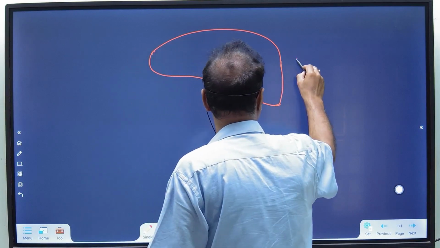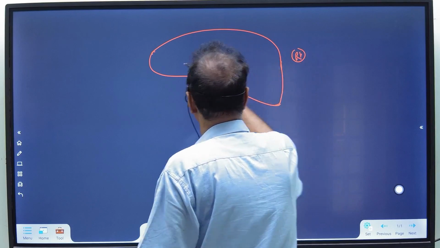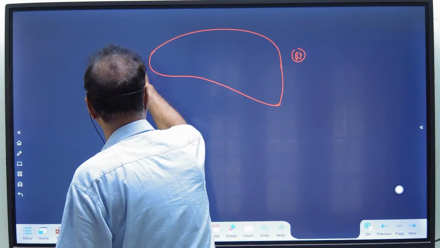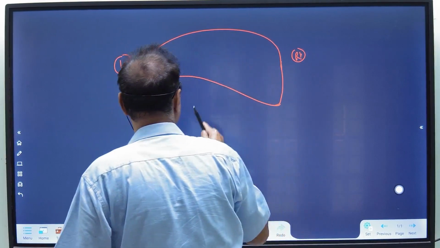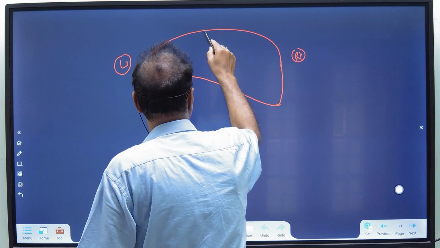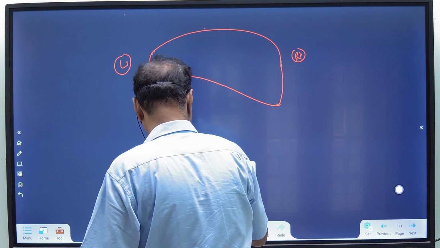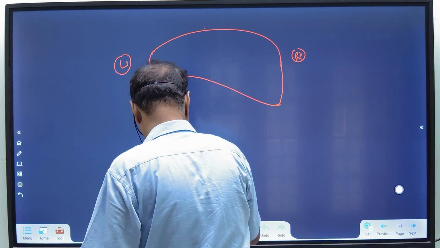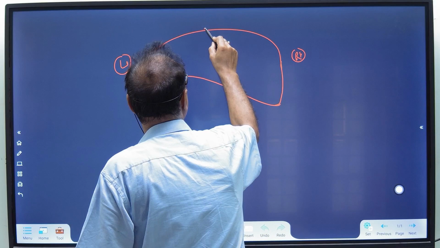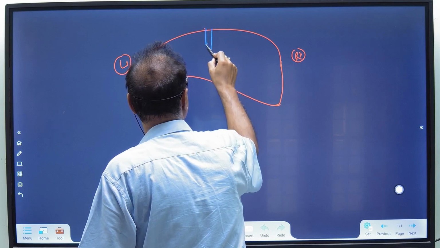This is the right side, and this is left side. We have got the ligamentum venosum over here.